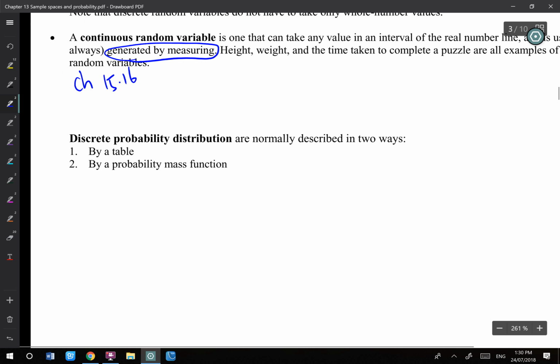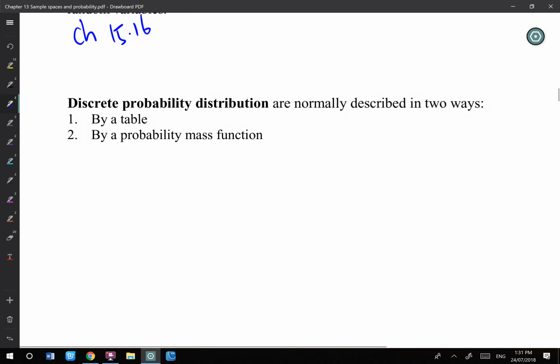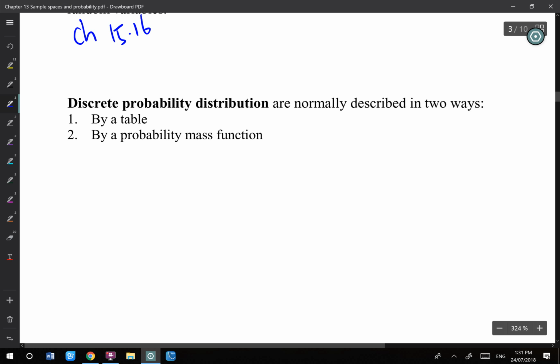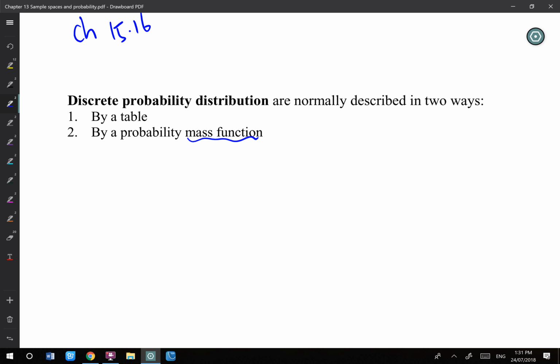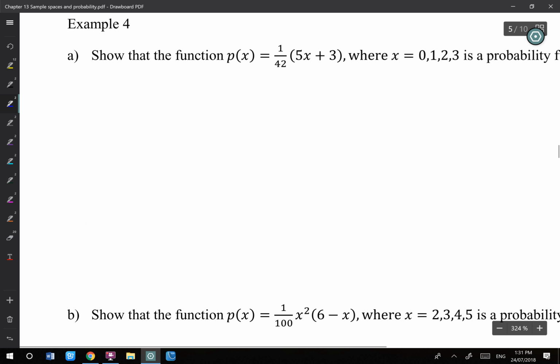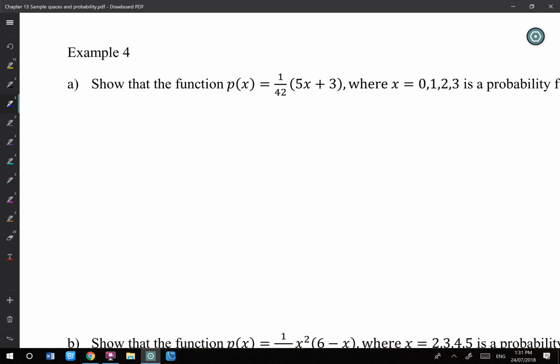So how about if it is not small, and you have more values for X? You can use a mass function. Instead of listing out all of it, you can use a mass function. So what is a mass function? Example 4 is a mass function.